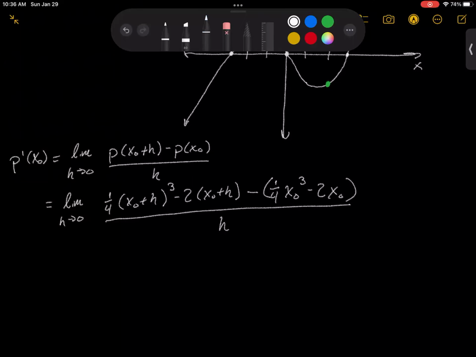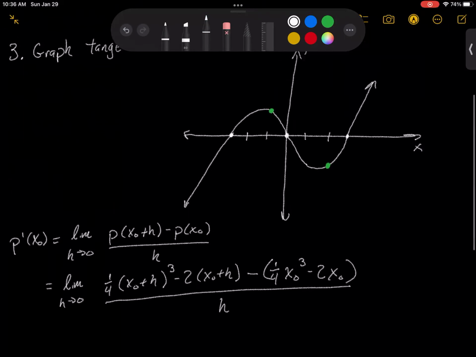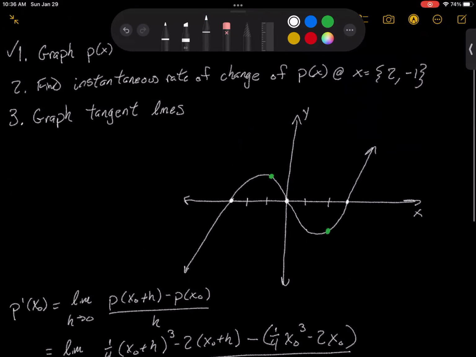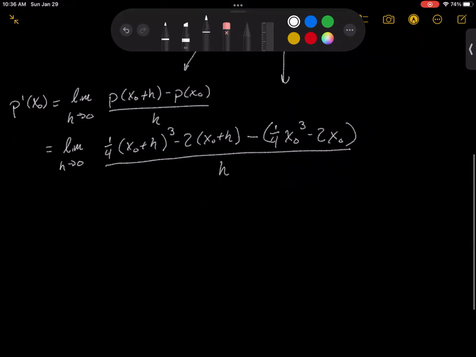Now, in another video, I'll do a derivative as a function. Here, we want to evaluate the derivative at a specific point. So let's let x naught be 2. Limit as h goes to 0, 1/4. My x naught is 2.